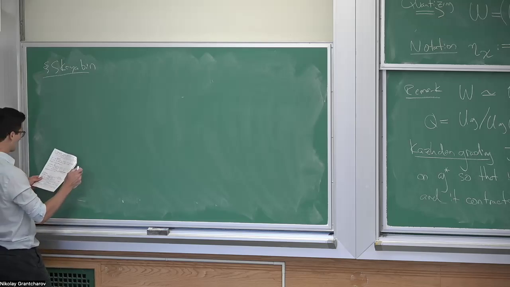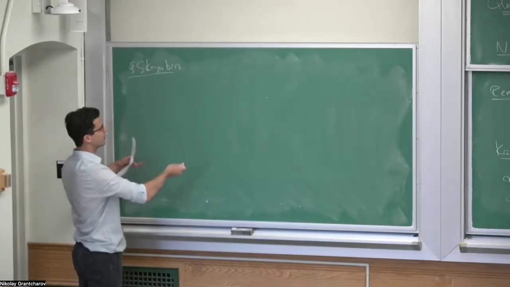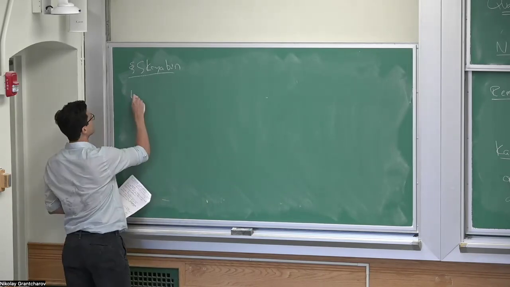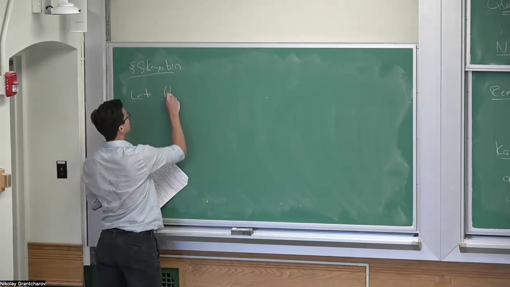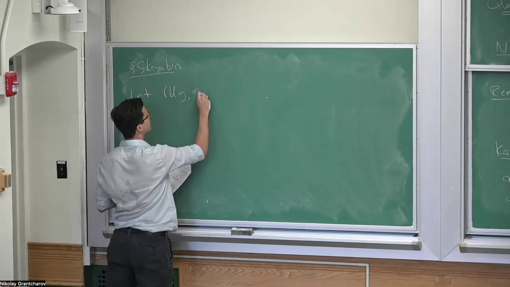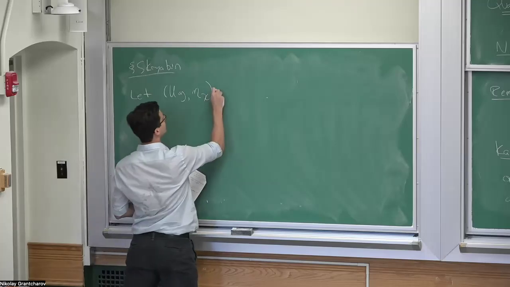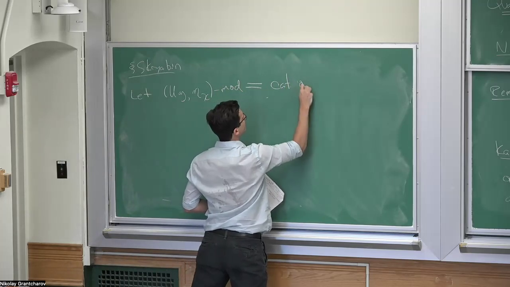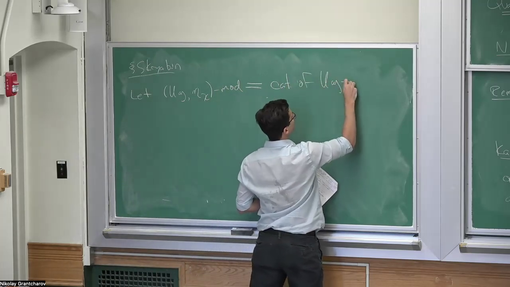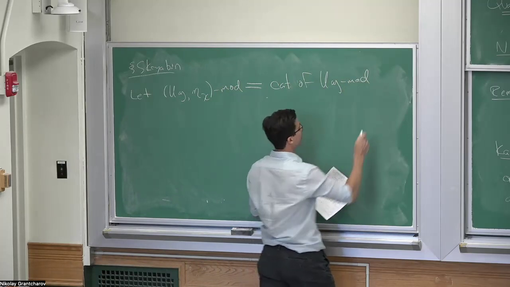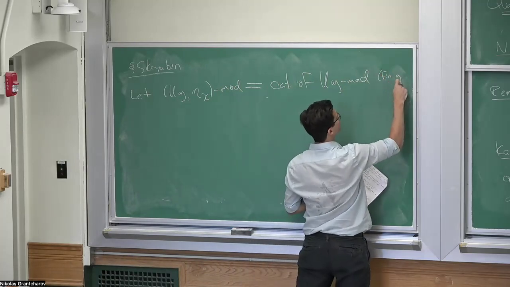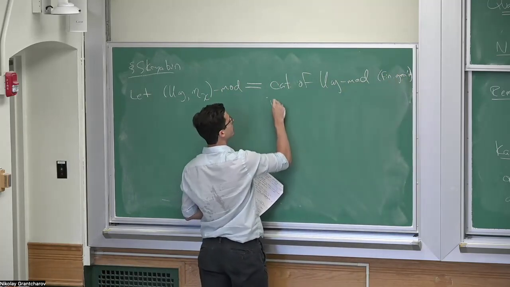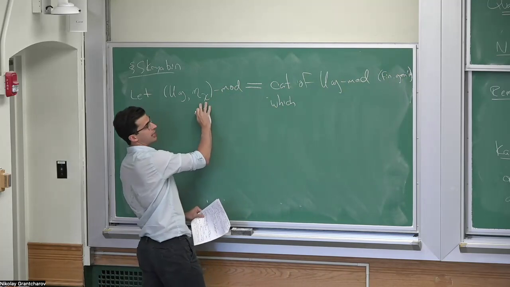Okay, so let's introduce the notation. It's an equivalence of categories relating W modules and U(g) modules. Let U(g), chi-mod be the category of finitely generated U(g) modules for which this nilpotent subalgebra acts locally finitely.